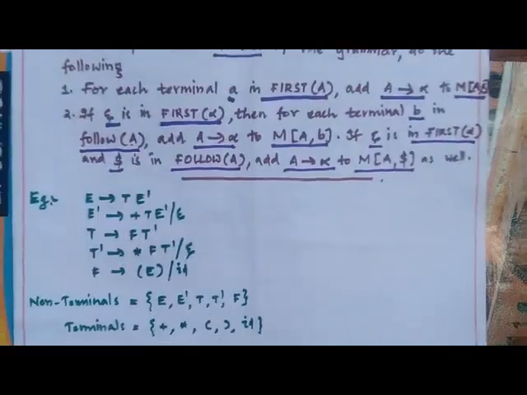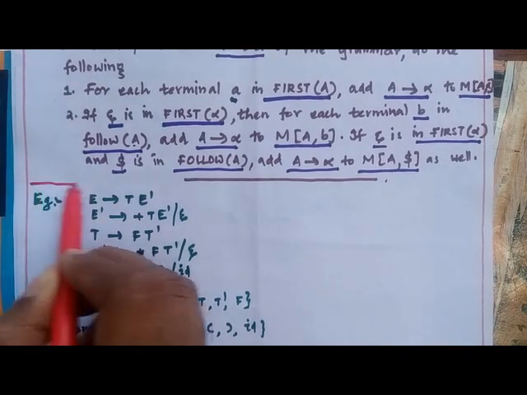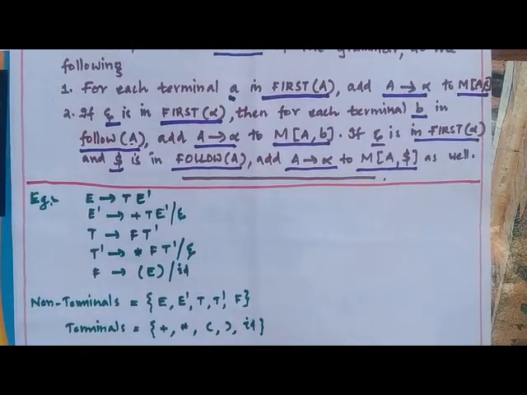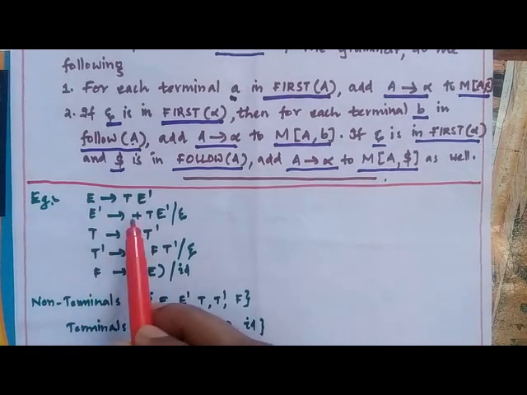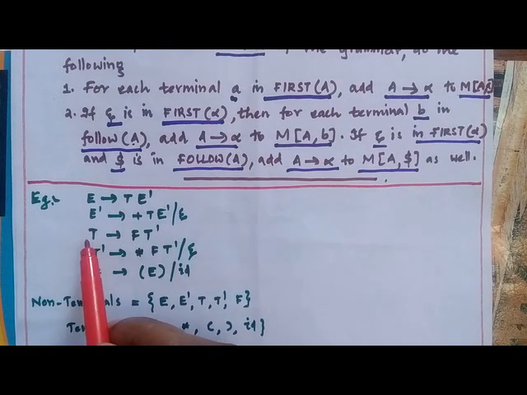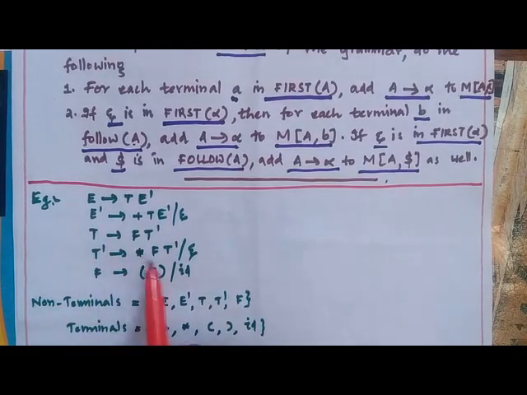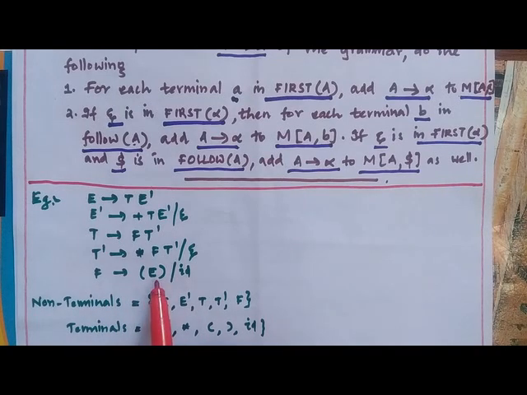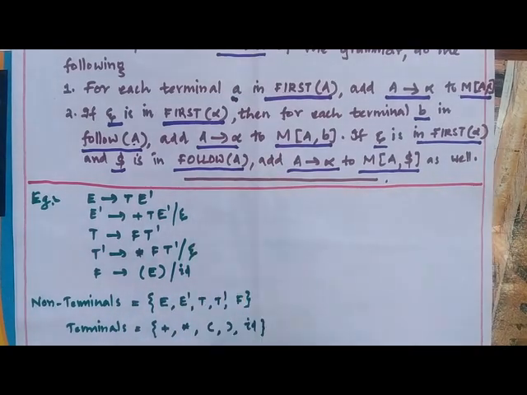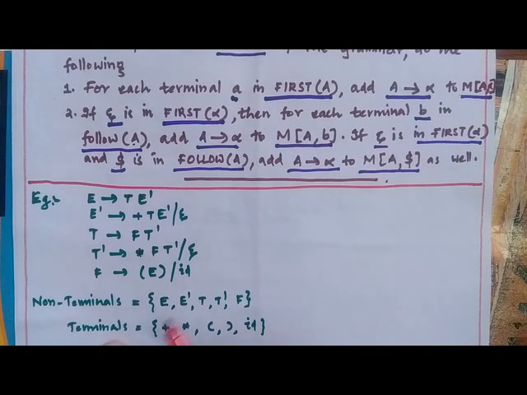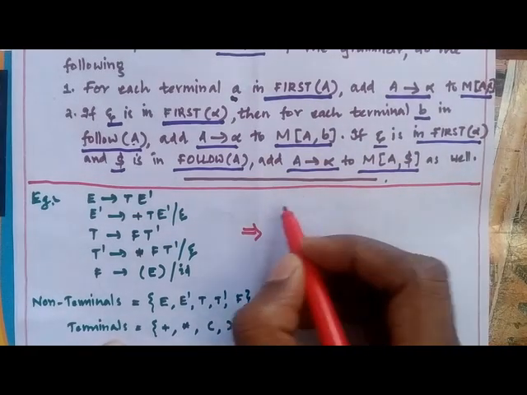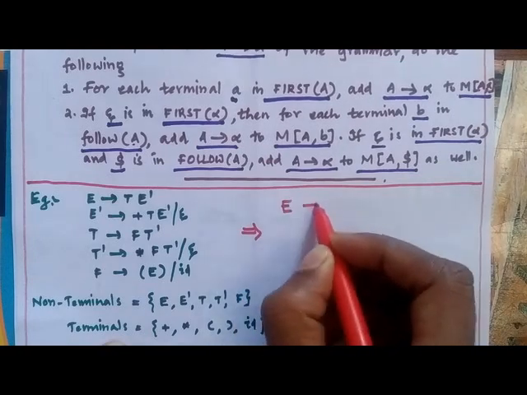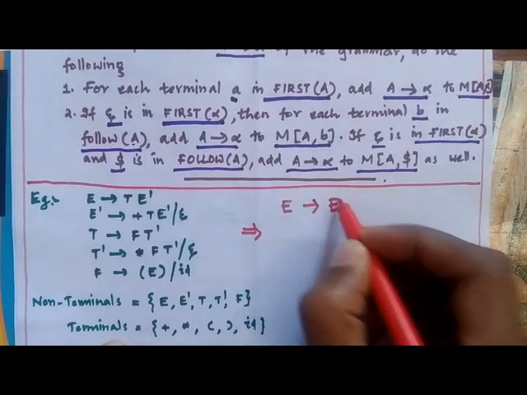So here we will look into how this algorithm works with a concrete example. E gives T E dash; E dash gives plus T E dash or epsilon; T gives F T dash; T dash gives star F T dash or epsilon; F gives within bracket E or ID. So this is our famous arithmetic expression grammar, and this grammar is obtained after performing left recursion elimination and left factoring on the grammar.